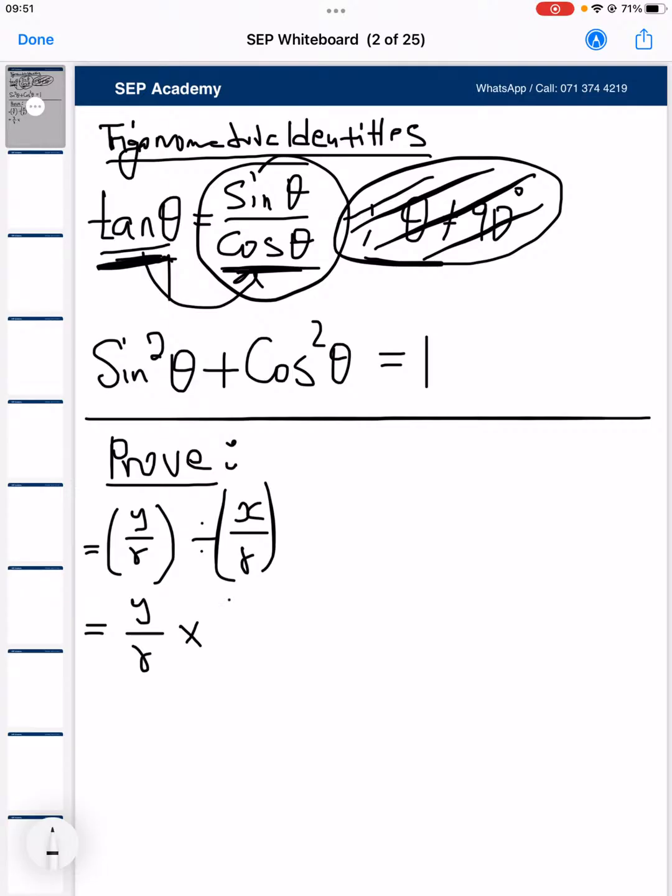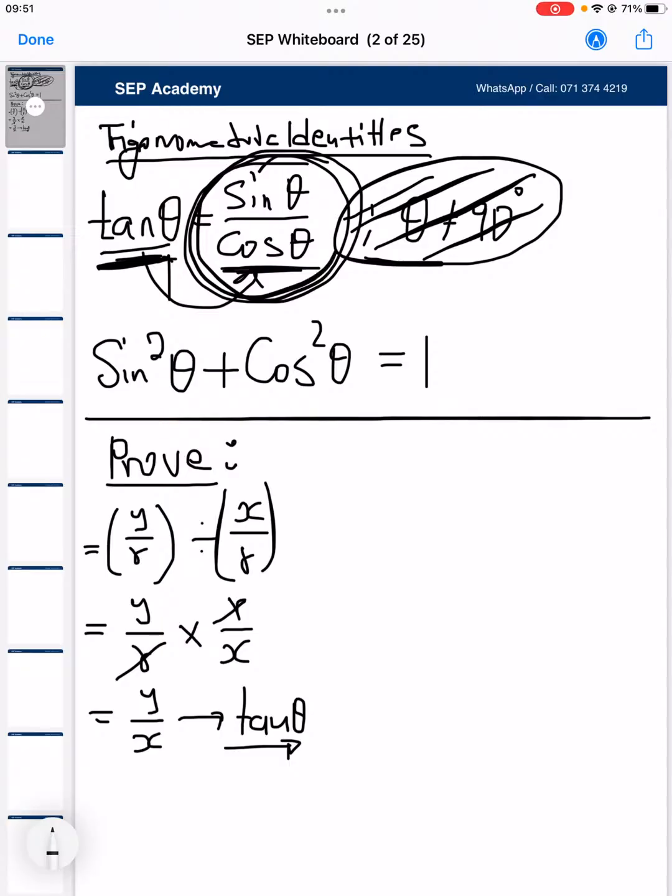After you change it, the r goes to the top and the x goes to the bottom, whereby this will cancel with that, and you end up having y over x. And we know that y over x is the ratio for tan of an angle. So can you see that we've just proven that indeed this thing being sine over cos ends up being that, which is the same as tan. So that's how we easily prove it.